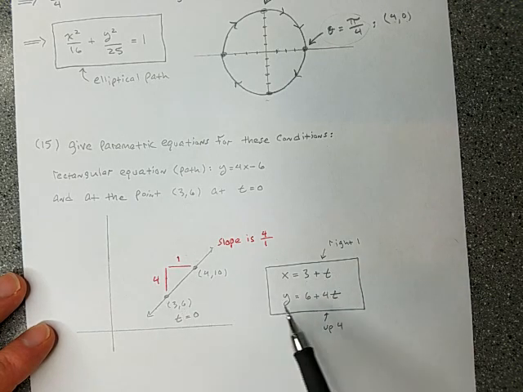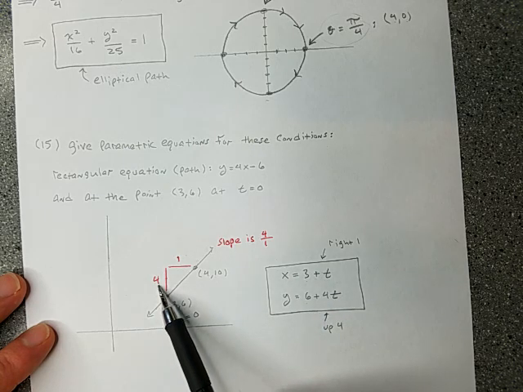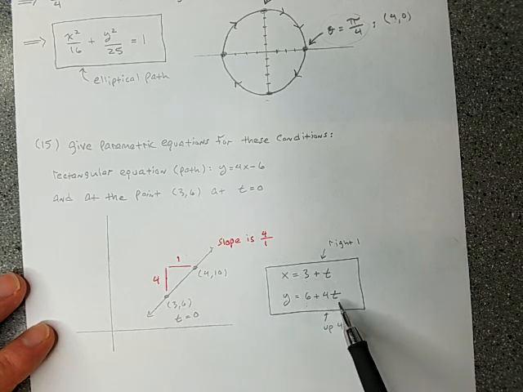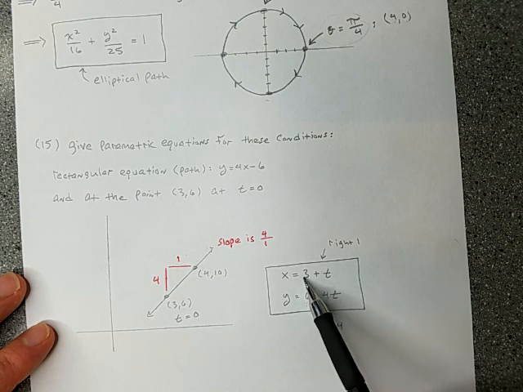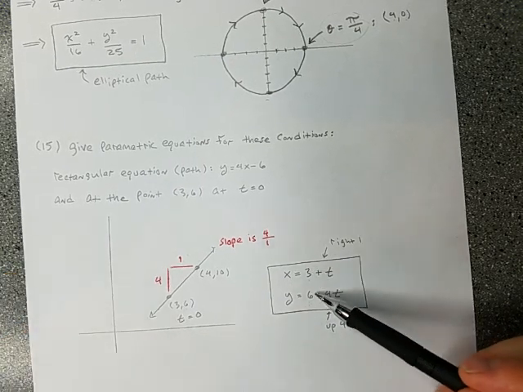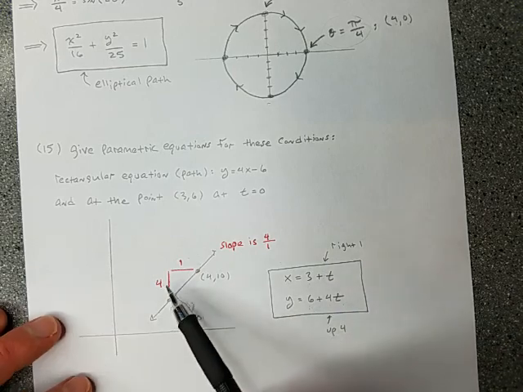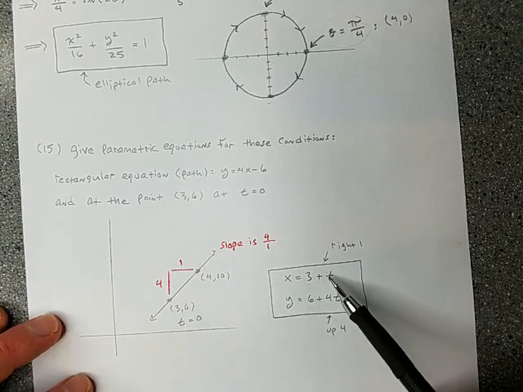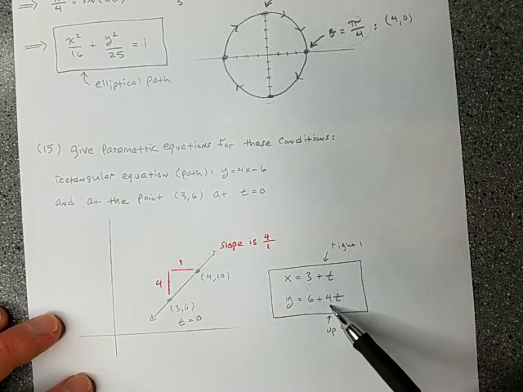And for y, I want to start at 6 and I want to go up 4. 6 plus 4t. So start at 3, 1 to the right, start at 6, up 4. So if you can figure out where you want to be when t is equal to 0, translate the slope of the line into left or right, up and down, you can build the parametric equations that way.